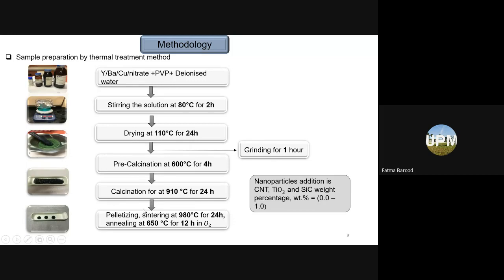The powder was reground again, and the addition of nanoparticles was done during the pelletization process. Finally, the powder was pressed into pellets and sintered at 980 Celsius for 24 hours and held for annealing at 650 Celsius for 12 hours in an oxygen atmosphere. Then the sample is sent for characterization.